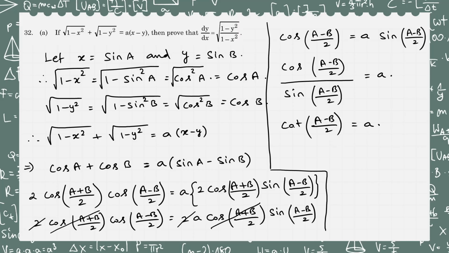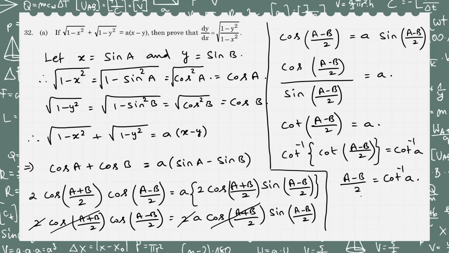Now we can apply cot inverse on both sides. So we get cot inverse of cot of (A minus B)/2 equal to cot inverse a. On this side, cot inverse and cot will cancel each other. So we get (A minus B)/2 equal to cot inverse a. And taking the denominator 2 to the other side, we have A minus B equal to 2 cot inverse a. Since we have simplified this much, now we are going to replace the values of A and B. What are the values of A and B?